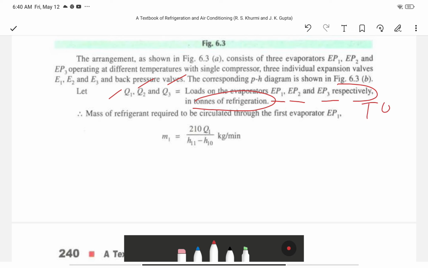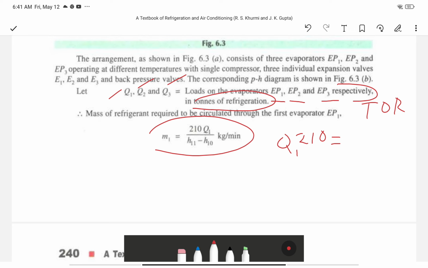And your mass comes from your Q1 times 210, which is the conversion factor.